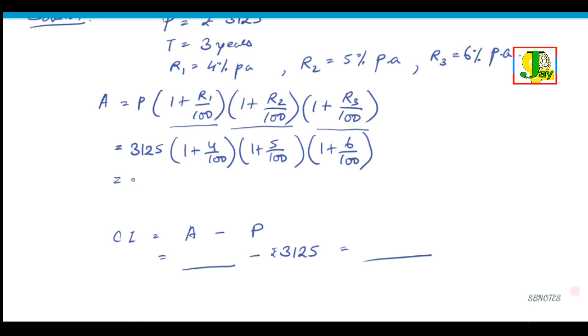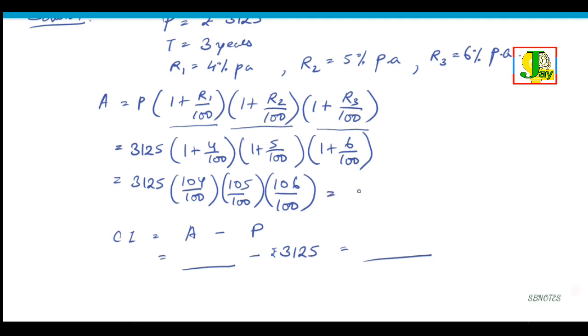Okay, so this will become 3125 into 104 by 100, 105 by 100, 106 by 100. So on calculating you get rupees 3617.25. So 3617 rupees 25 paisa. This is the amount you get.